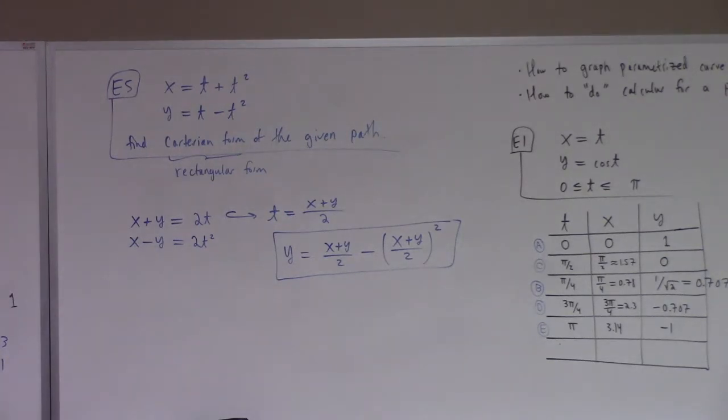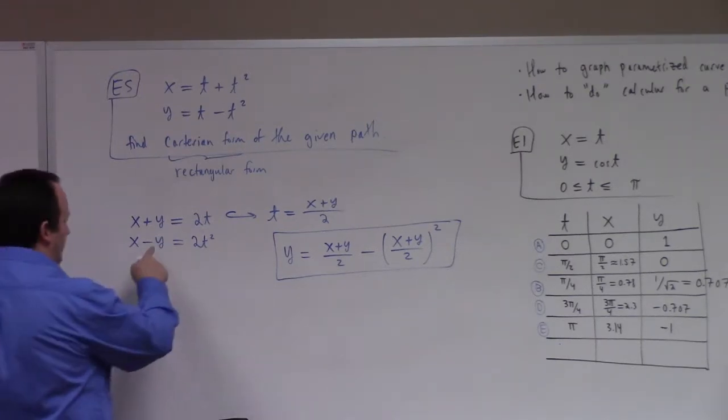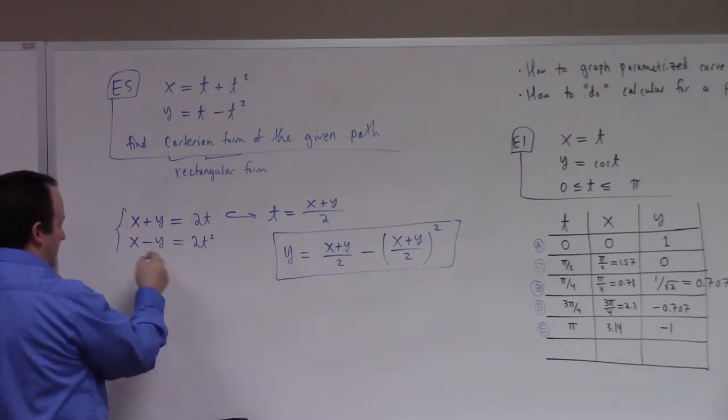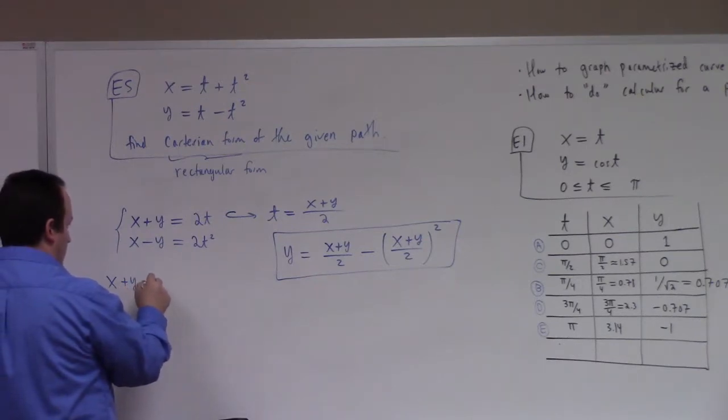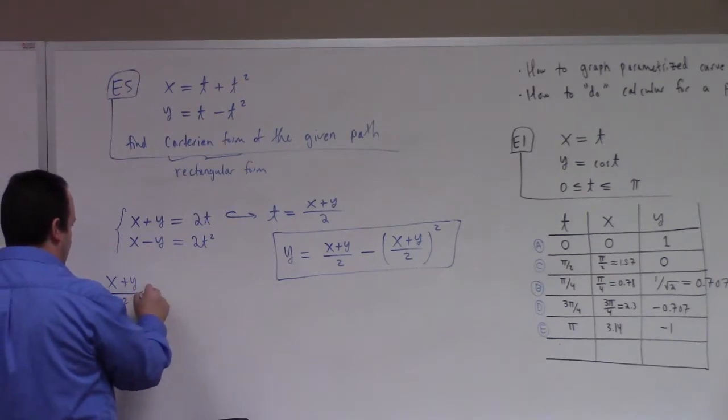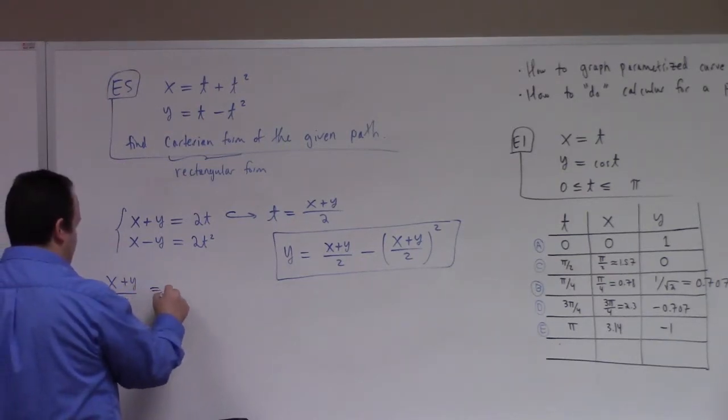So essentially, I'm trying to think of how to explain this one. So if we just focus on this again, another way to look at this would be (x plus y) over 2 is equal to t, right?